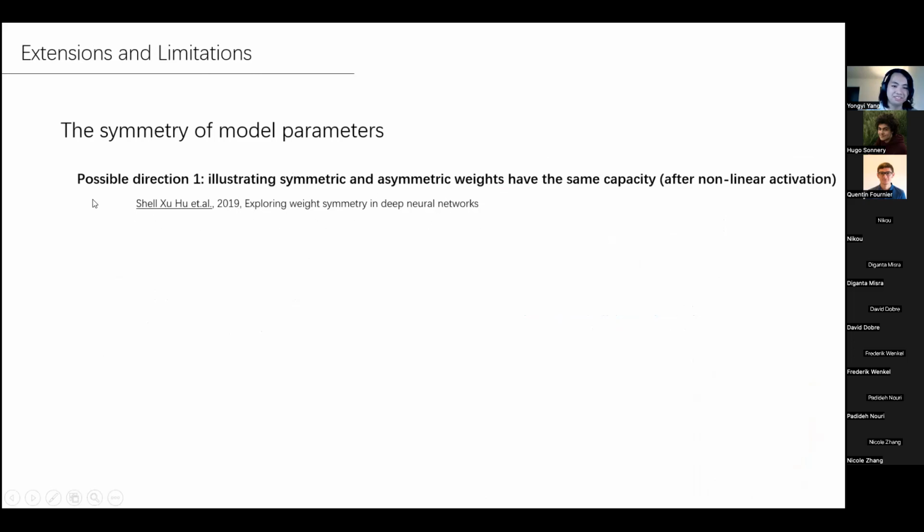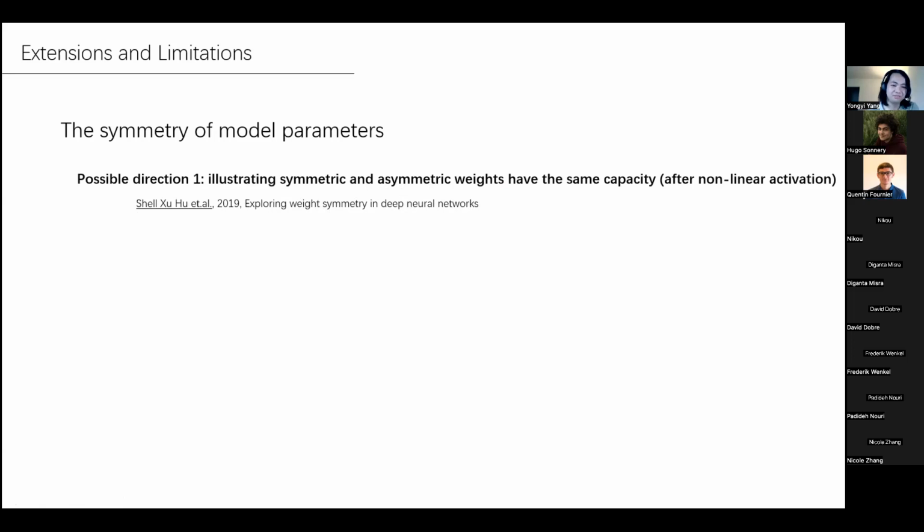There's a work that has explored the capacity of symmetric and asymmetric weights, and this paper proved that symmetric and asymmetric weights have the same capacity, and almost all of this kind of optimization unfolding papers will cite this work to solve this issue.